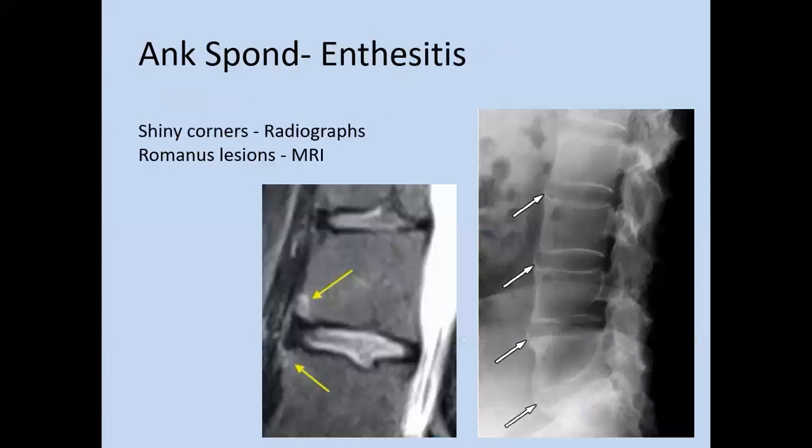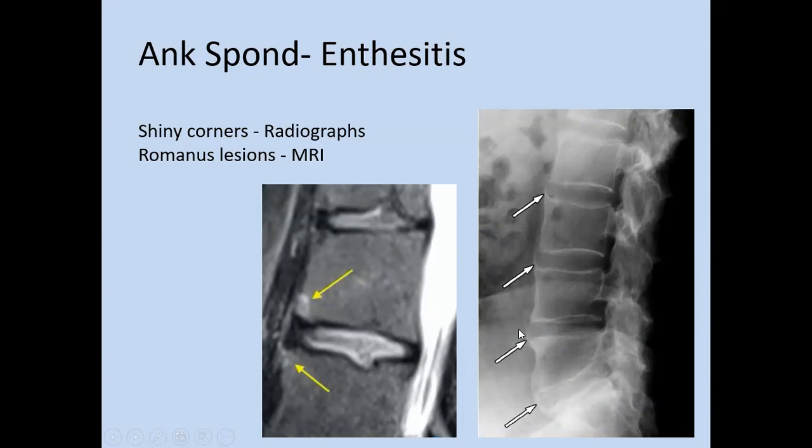Yes, exactly. All right. Now, the Romanus lesions on the MRI scan will correspond to what we call the shiny corners on the radiographs. So here are the radiographs of this patient with the bony sclerosis of the corner of the vertebra, the syndesmophytes.